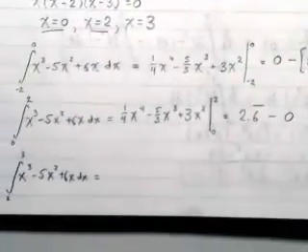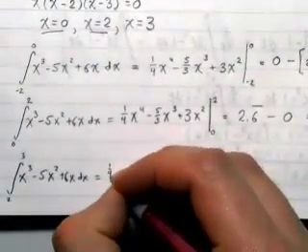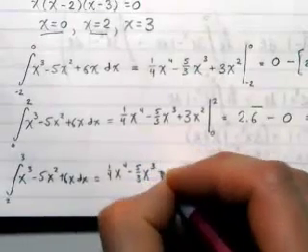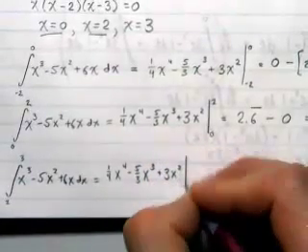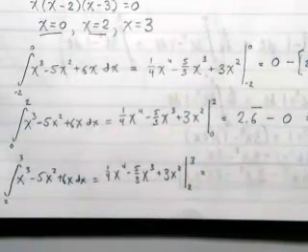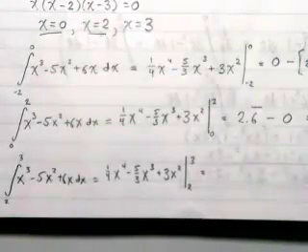So again, same antiderivative. So now it's from 2 to 3. After 2, I know what I get from that. So after I plug in the 3, I can just steal my answer from the second one.